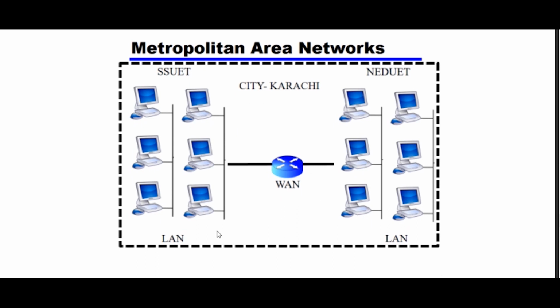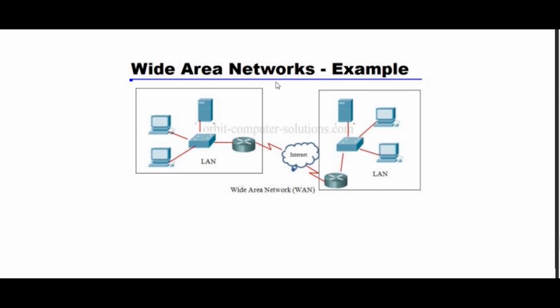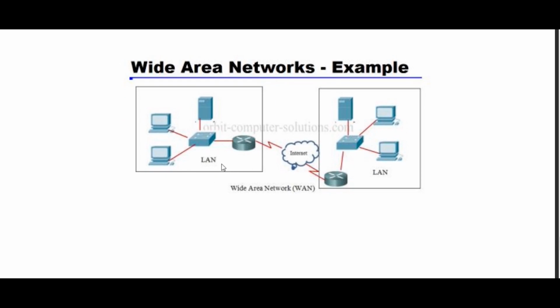This is another example of a metropolitan area network: different universities have their LANs which are connected to a wide area network. This altogether is known as a metropolitan area network. The wide area network is basically connecting two LANs.